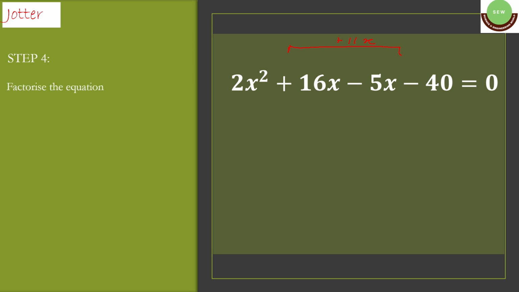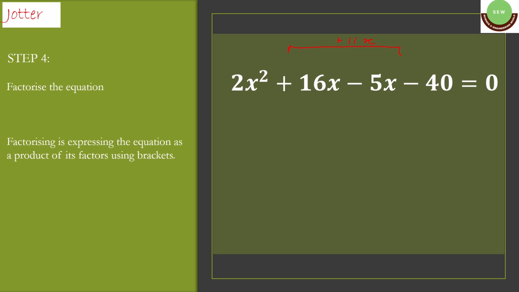Factorizing the equation means that we express the equation as a product of its own factors using brackets. As the equation is now, we can split it into 3 parts again. The left-hand side will be split into 2 parts and the right-hand side will be another part.